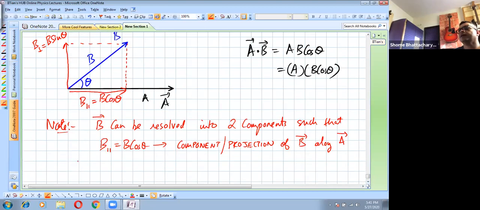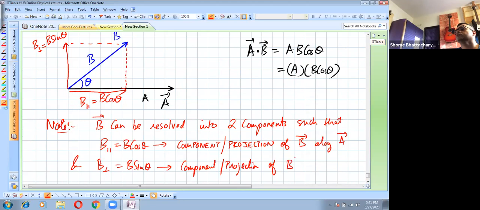Alright, so the vector B and the second component, which is like this, B perpendicular, which is B sin theta. So this is the component of projection of B perpendicular to A. Okay. So first of all, this is the concept of projections.